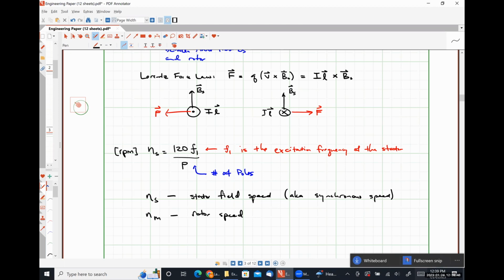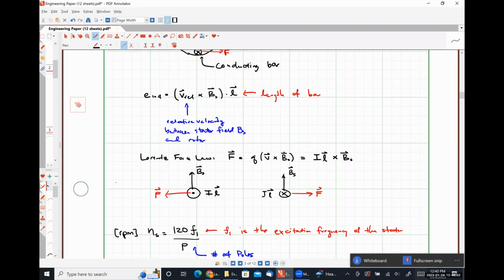What do you think the relative velocity between our rotor and stator would be? So if they're both spinning at the same speed, their relative velocity is 0. Well, if their relative velocity is 0, what's the voltage induced on our conductors? 0. If the voltage induced on our conductors is 0, what's the current flowing through our conductors? 0. If there's no current flowing through our conductor, how much force acts on our conductor? Also 0.